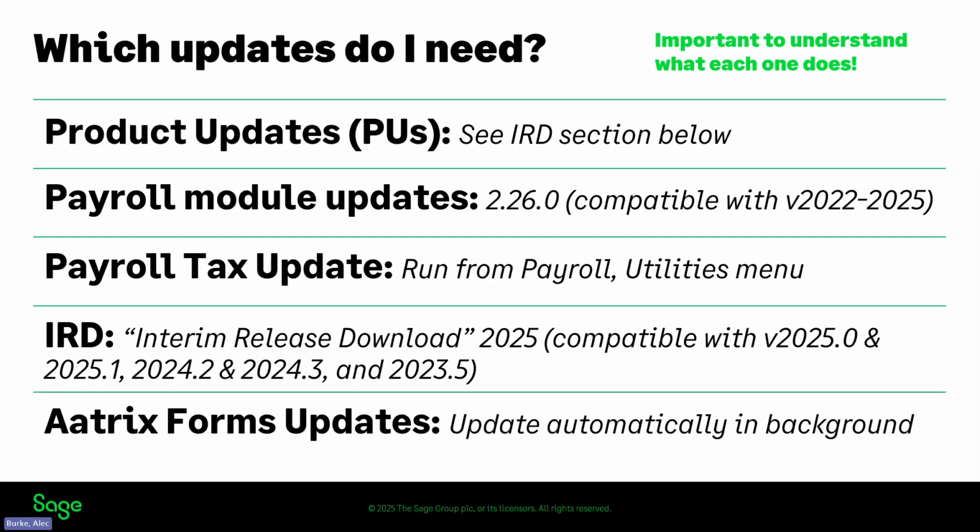So if there's any chance you might need to report on tips or overtime or any 1099 reporting next year, you should really install the updates before the start of 2026. And we will get into more of why that will matter on our next webinar tomorrow.